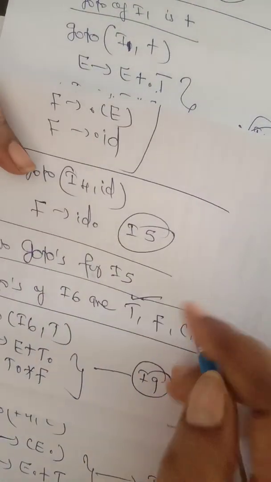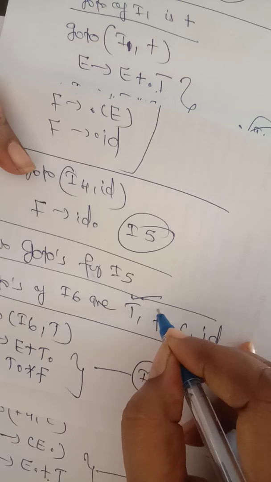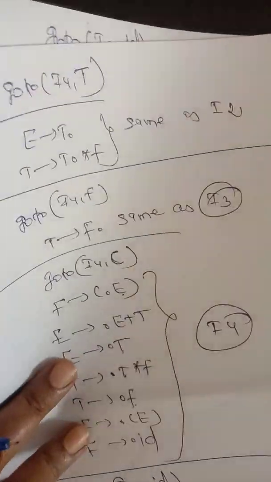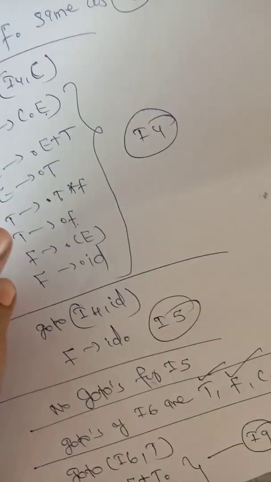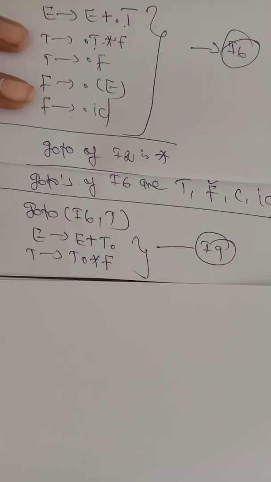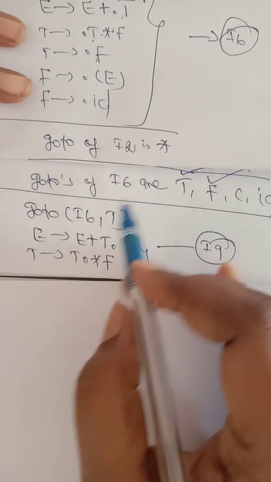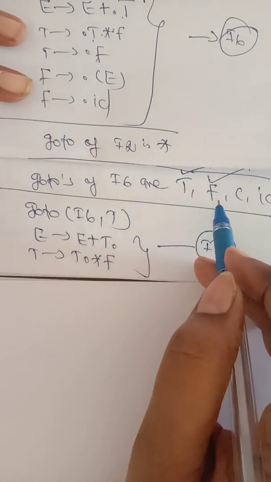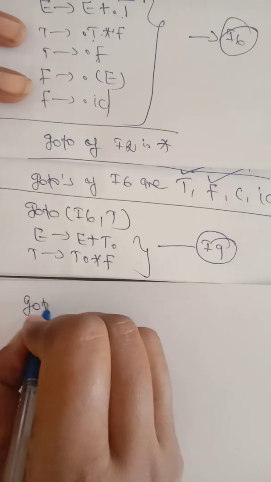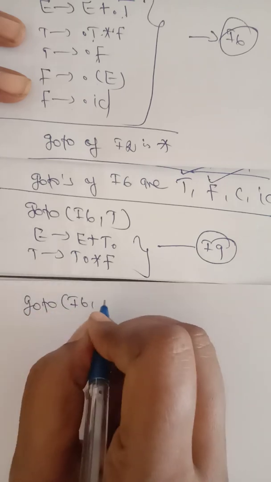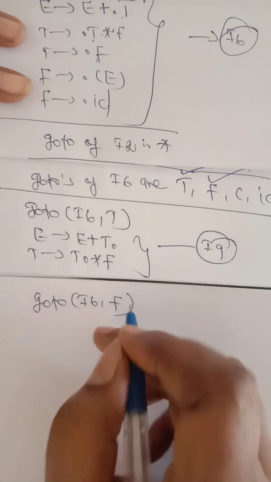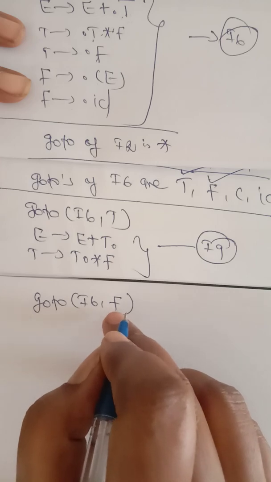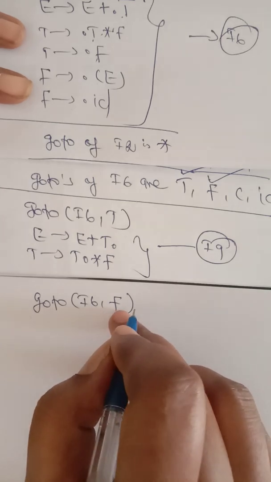Then we have to apply goto of I6 comma F. We applied T for I6, next we apply F. Refer to F: where do we have F immediately after the dot in I6?